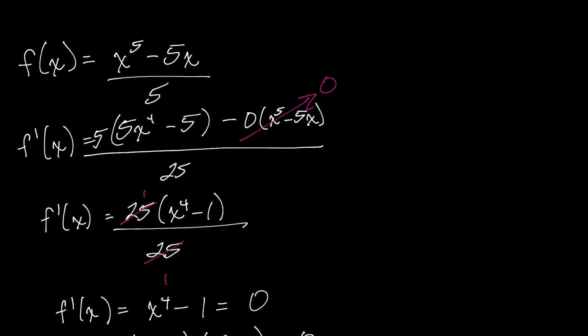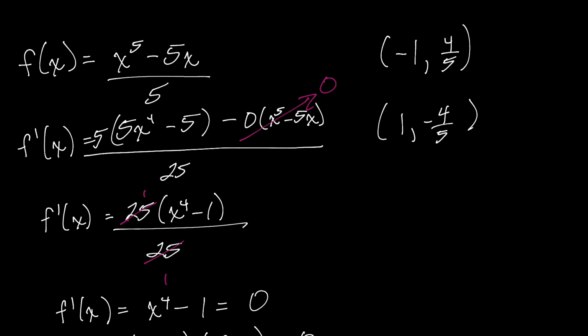So I would have a critical point, which you weren't asked for, at negative 1 and 4/5. Another critical point would occur where x equals 1. So 1 to the fifth minus 5 is 1 minus 5, or negative 4 over 5, which would be negative 4/5.